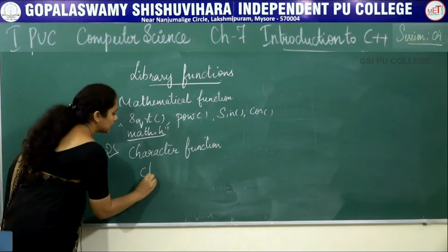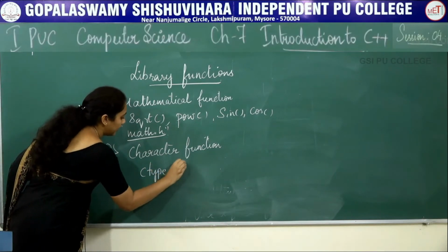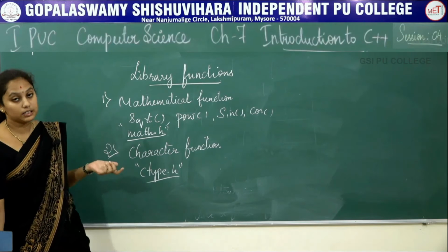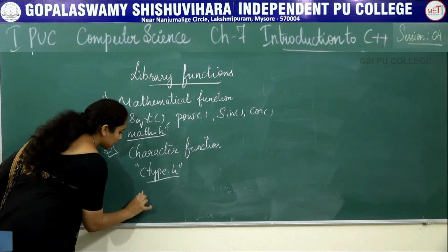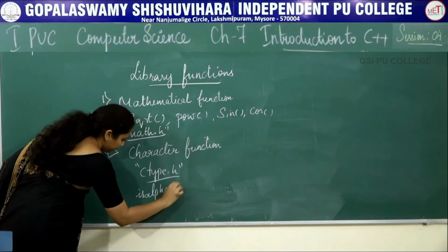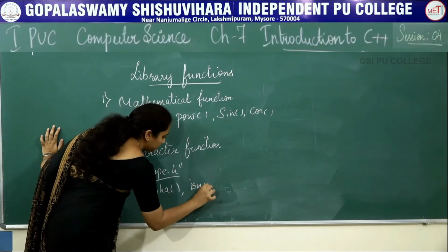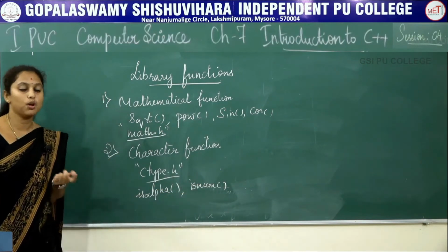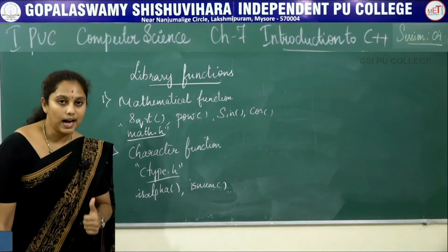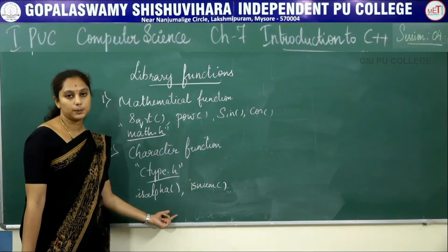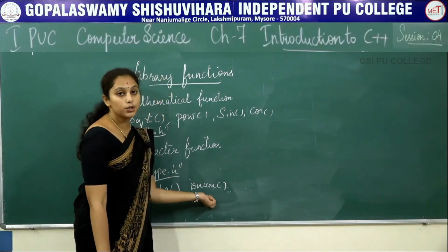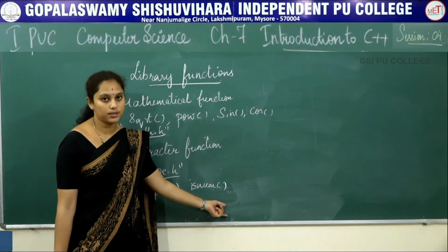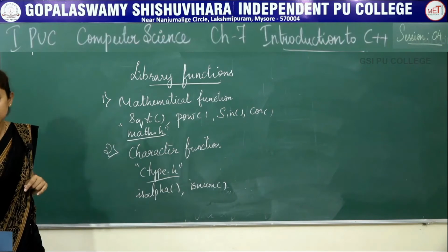Here we are using the ctype.h header file in our program. Some examples for character functions are isalpha and isnum. The isalpha function is used to check whether the inputted character is an alphabet or not. The isnum function is used to check whether the inputted character is a number or not. So this is about character function.